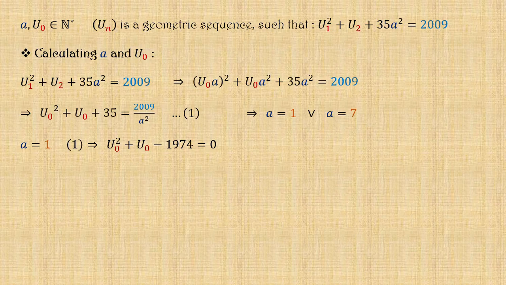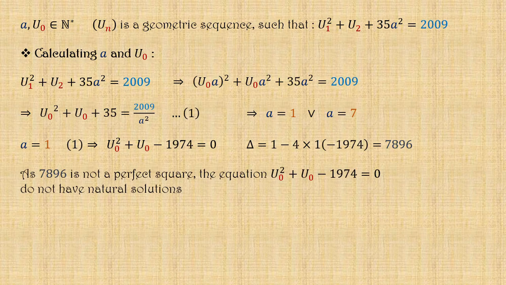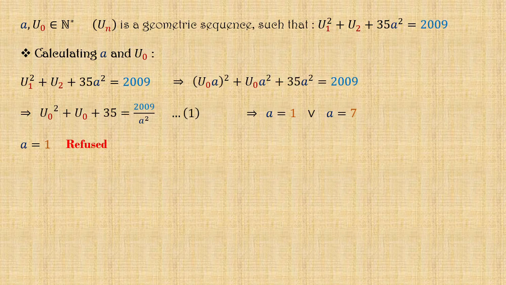And if we calculate the discriminant delta of this second degree equation, we find that it is equal to 1 minus 4 times 1 times minus 1974, which equals 7896. But as the number 7896 is not a perfect square, the equation u0 square plus u0 minus 1974 equals 0 does not have natural solutions in this case. Therefore this value of the number a, which is 1, is refused.